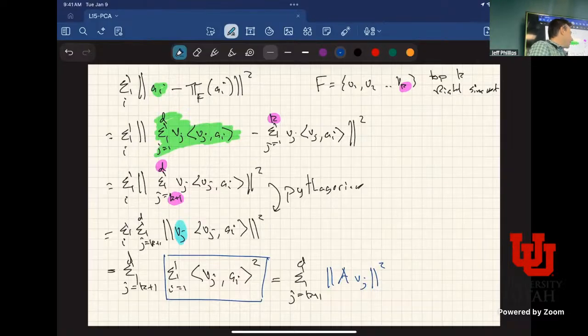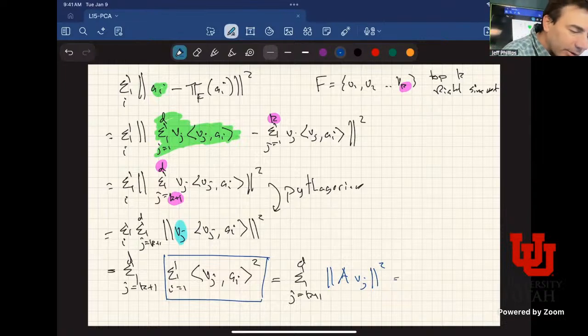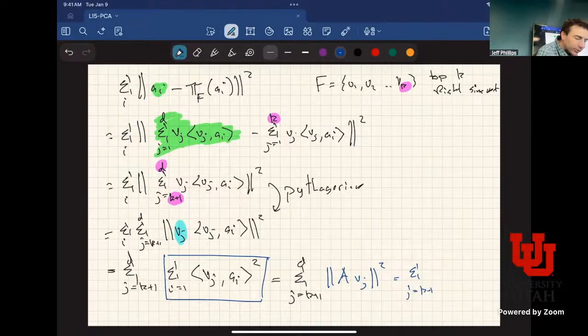I'm multiplying by this vector squared, and this is actually equal to the sum over j from k plus 1 to d of sigma j squared. This turns out is exactly the magnitude of the jth singular value.